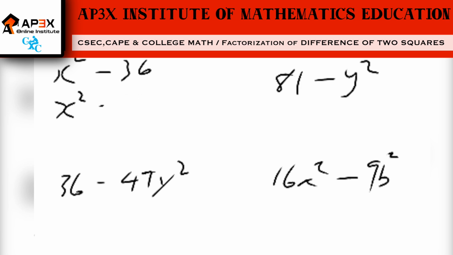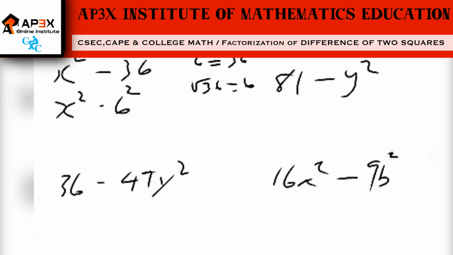If you find the square root of 36 on your calculator, it's going to tell you that it is 6. That means 6 squared must give you 36. Yes, 6 squared is 36. Therefore, the square root of 36 is 6.